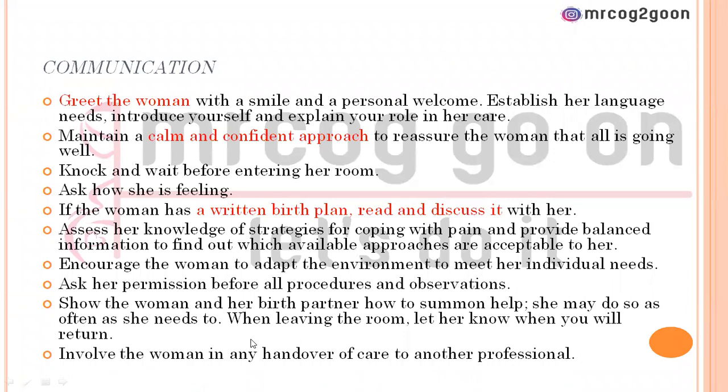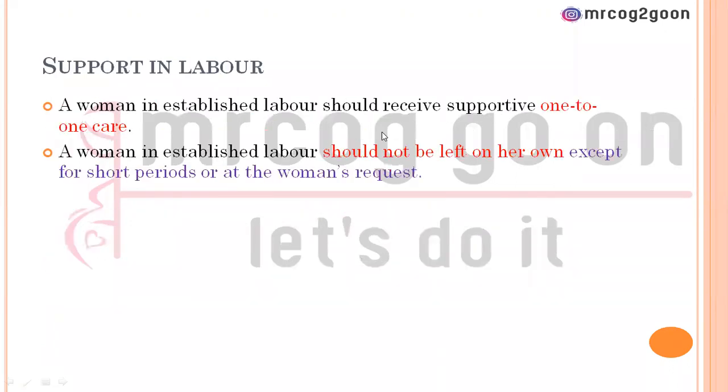Okay. I think we covered this slide, so we will go to the other. Support. The most important is one-to-one care. This will go with us throughout every step of the intrapartum care. Either in first, second, third stage, you have to have one-on-one care and one-on-one support.